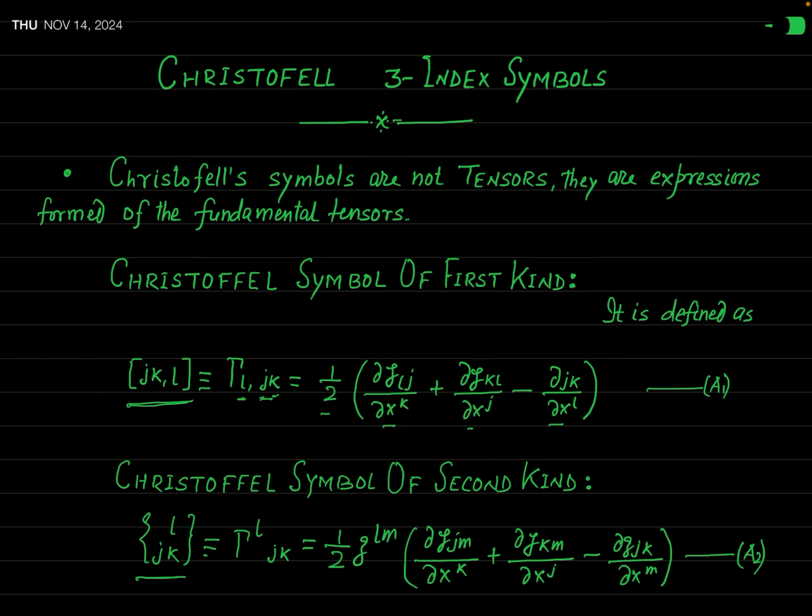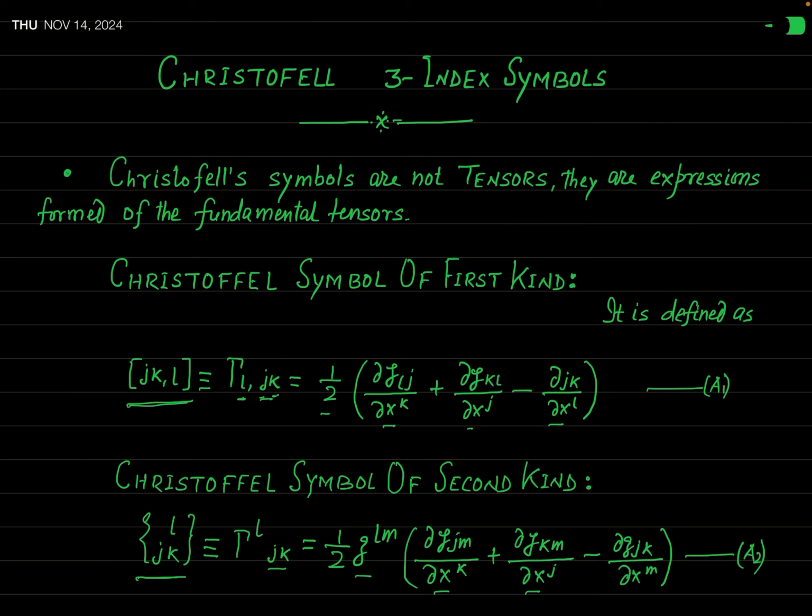And it is equivalently written as gamma superscript l and subscript jk, or contravariant index l and covariant indices j and k. And this is defined as 1 over 2 g lm times del g jm, here j and m are the covariant indices, by del xk, plus del g km by del xj, minus del g jk by del xm.